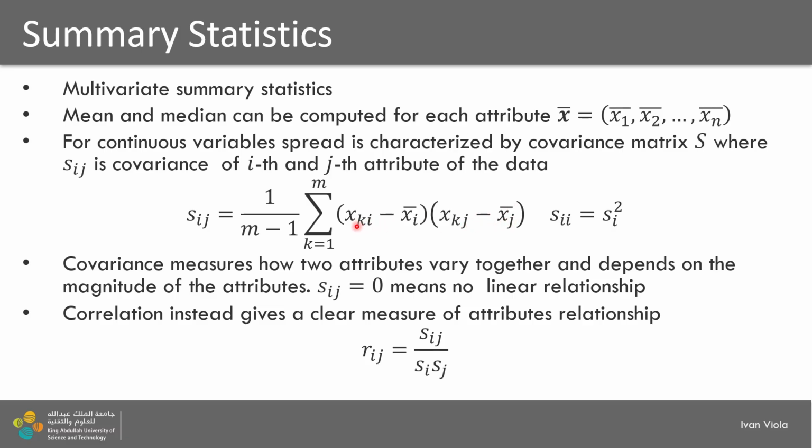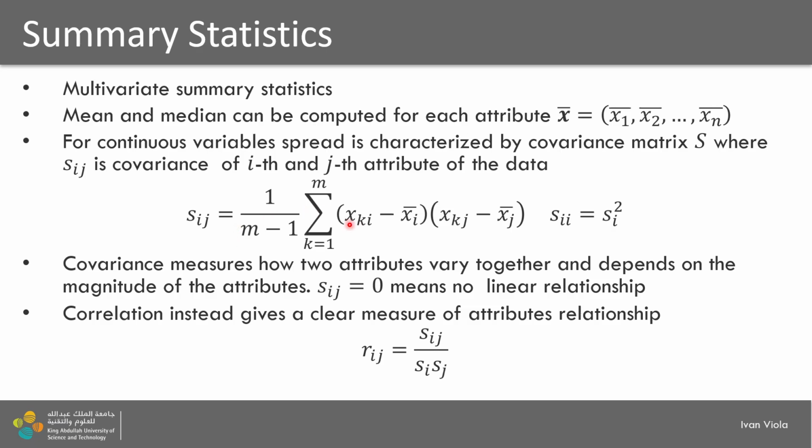And here the k is where we are iterating through all the data elements, so that we make these differences between all the elements and their respective means for that particular chosen attribute, which are forming this value in the covariance matrix. Their covariance is telling us how similar these two values are to each other.